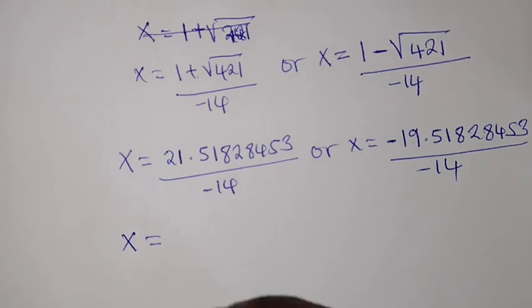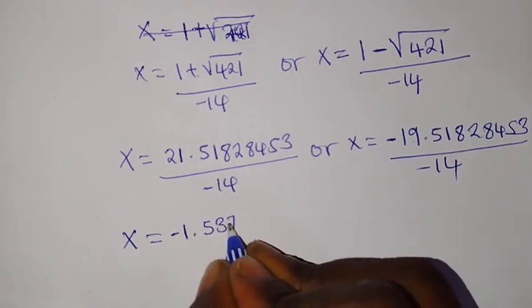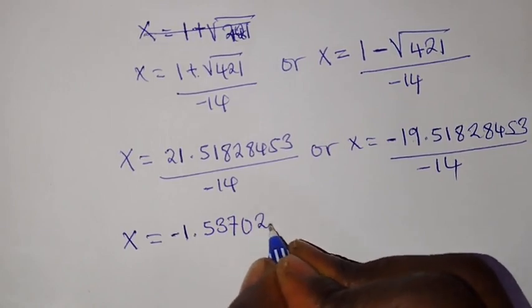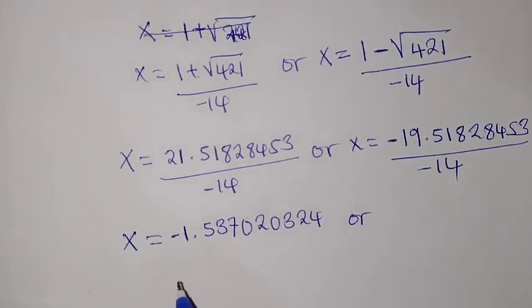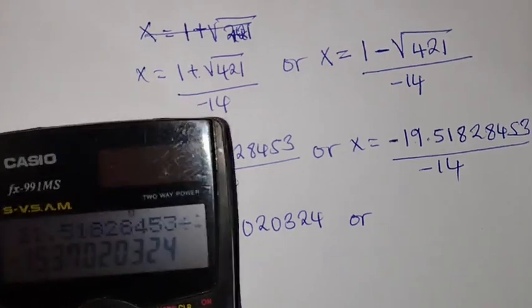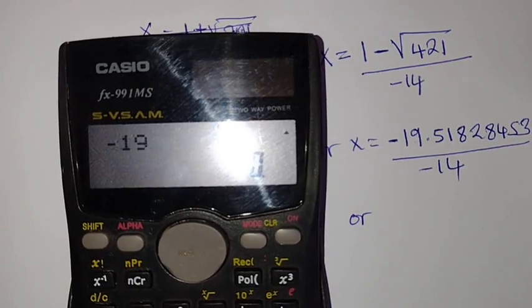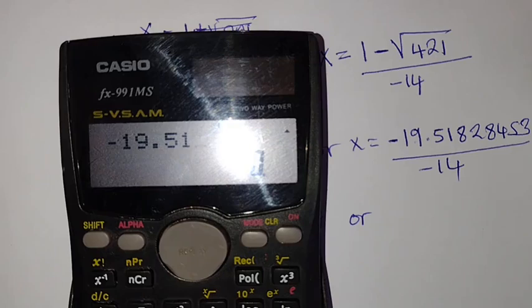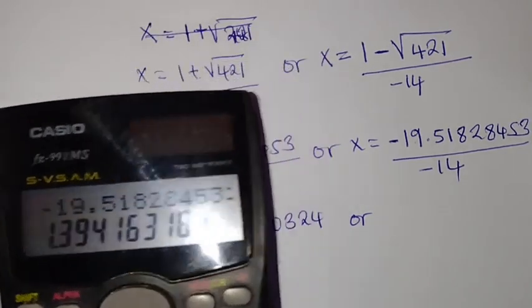So this will give us something like -1.537020324, or x equal to, so this value where we have -19.51828453 divided by -14. So this will give us a positive value, which is positive 1.39.